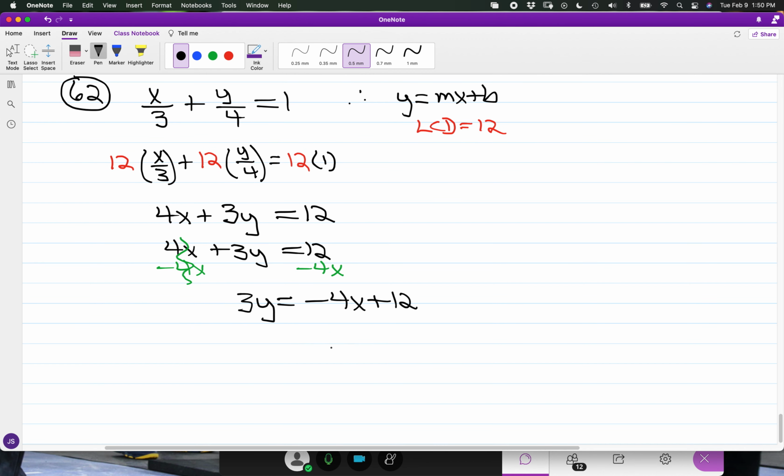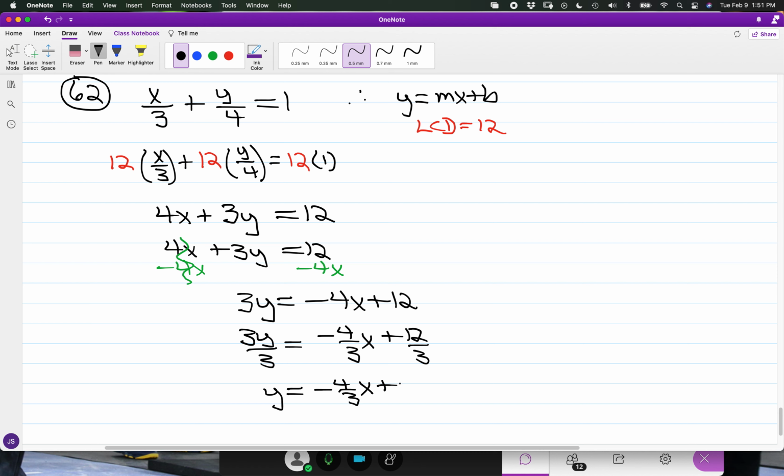Upon dividing everything by 3, it follows that y is equal to negative 4/3 of x plus 4.